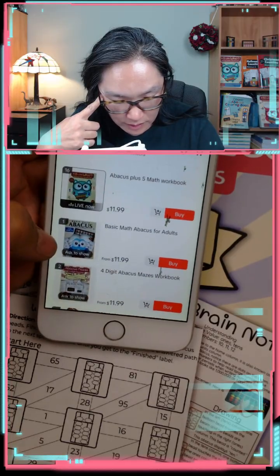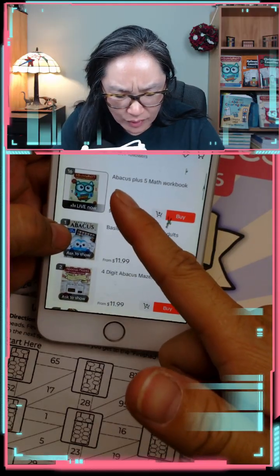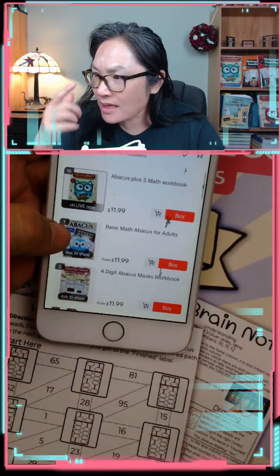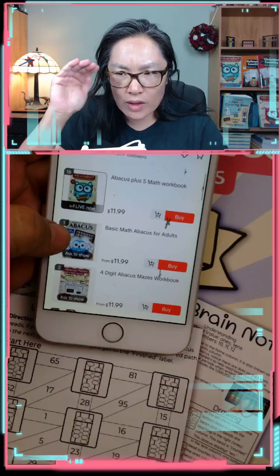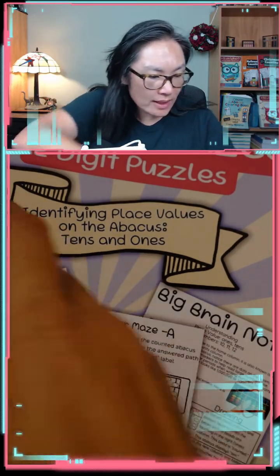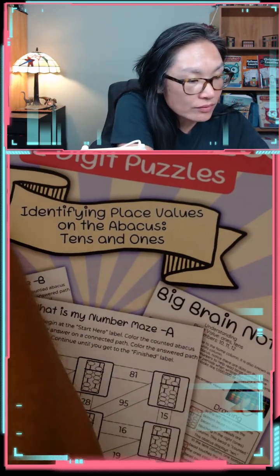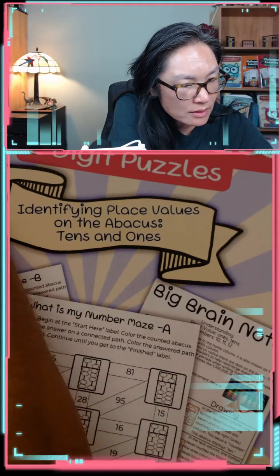The 5 does not have an abacus just because that's like the second level, and I didn't see a point of adding that. Thank you for the question. I hope that made sense.